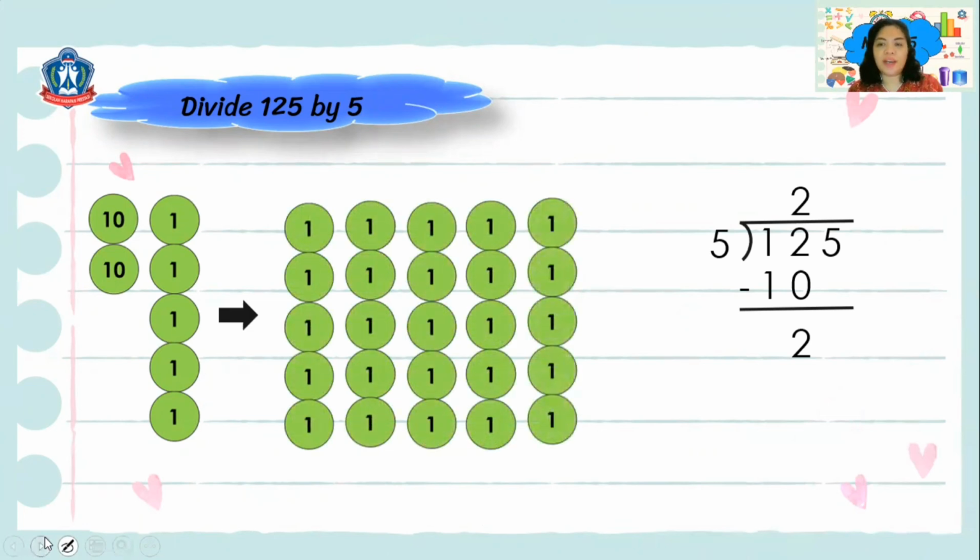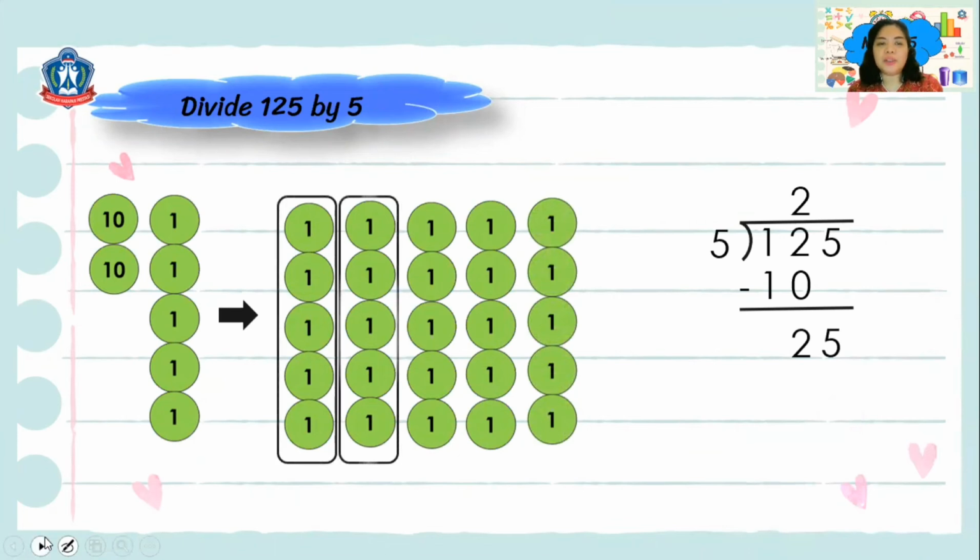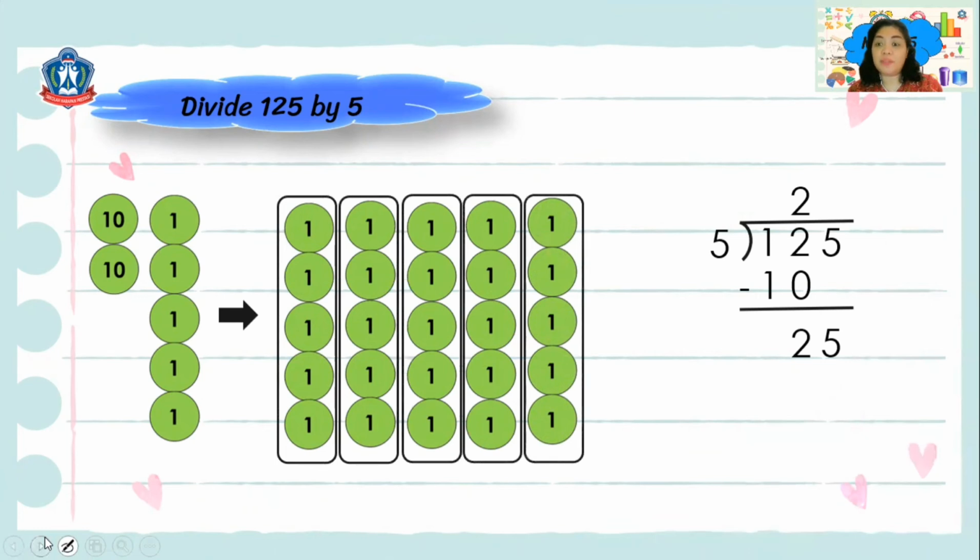So we have 25. So let's divide 25 by 5. 1, 2, 3, 4, 5. So we have 5 groups. We don't have an excess. It's just enough. It means we don't have a remainder. And that is 0. So 125 divided by 5 is 25. Okay, children, so that's how to divide a 3-digit number by a 1-digit number.